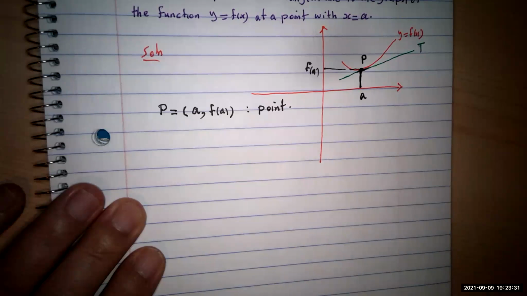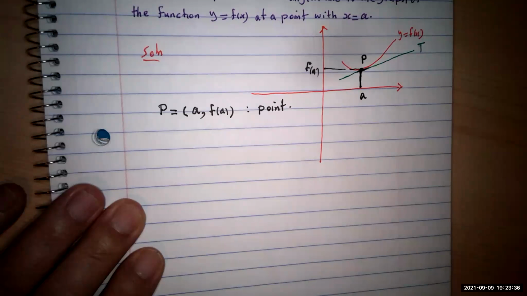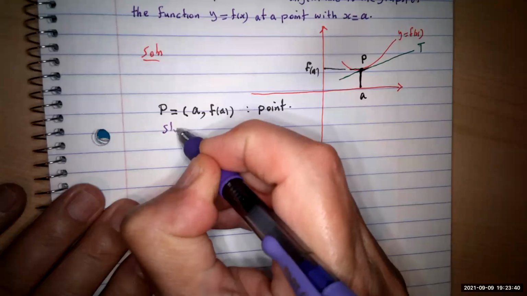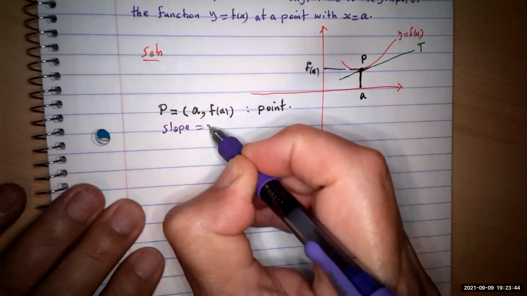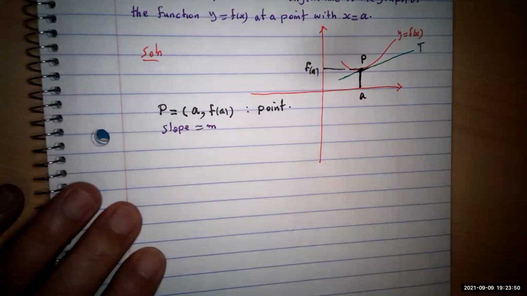In order to find it, we have a point, and we need the slope. So what's going to be the slope of this line? You may call the slope m, or mt, it doesn't matter for this line.